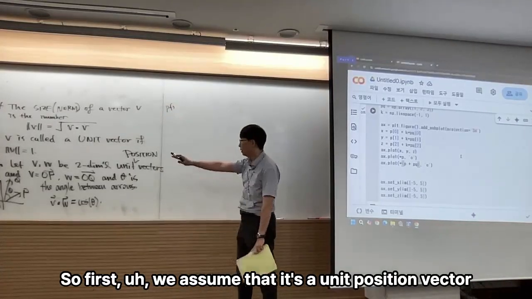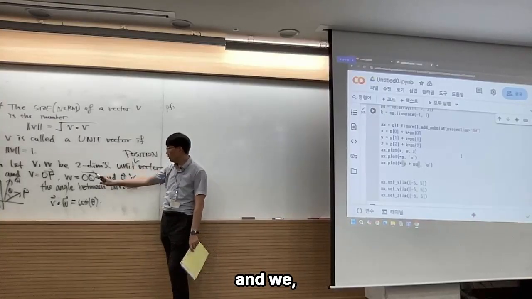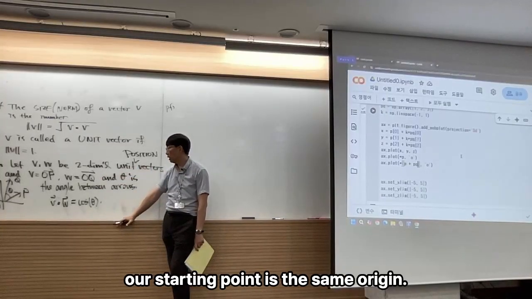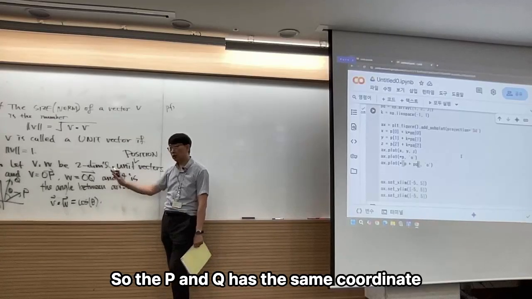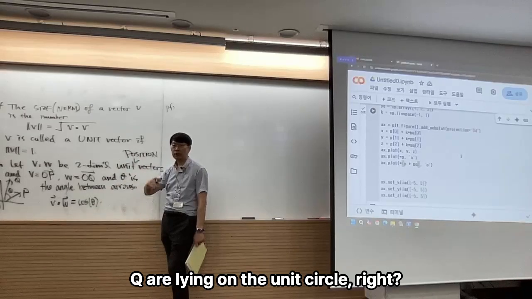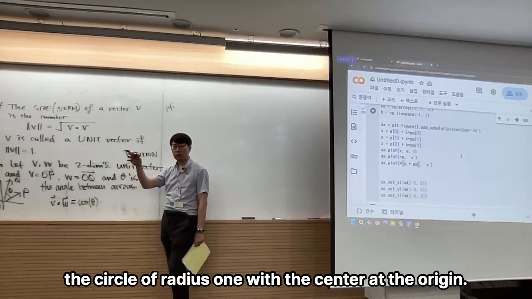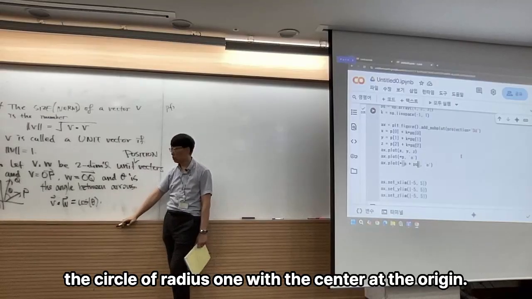First, we assume that these are unit position vectors, and our starting point is the same, the origin. So P and Q have the same coordinates as the vectors V and W. P and Q are points on the unit circle, the circle of radius 1 with the center at the origin.